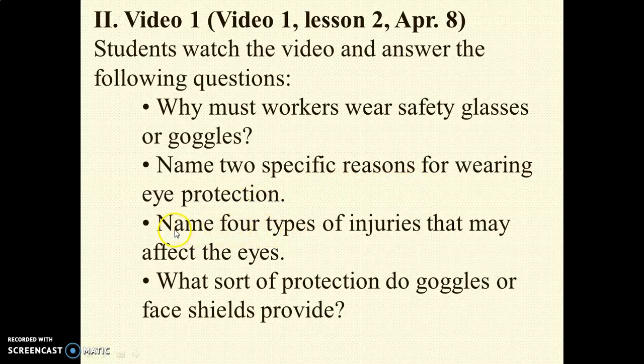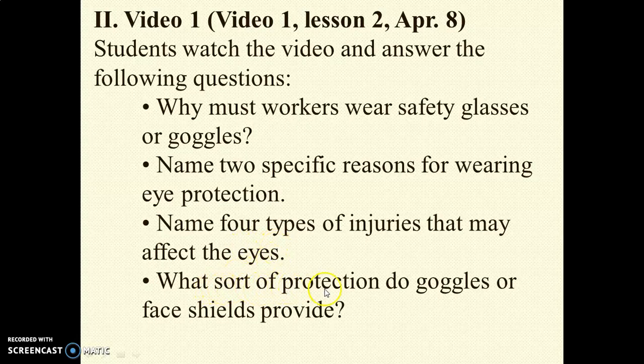And then name 4 types of injuries that may affect the eyes. So injuries, how can your eyes get hurt if you are not wearing eye protection? How? And by what substances, by what materials? As I said before, all the information is there in the video.